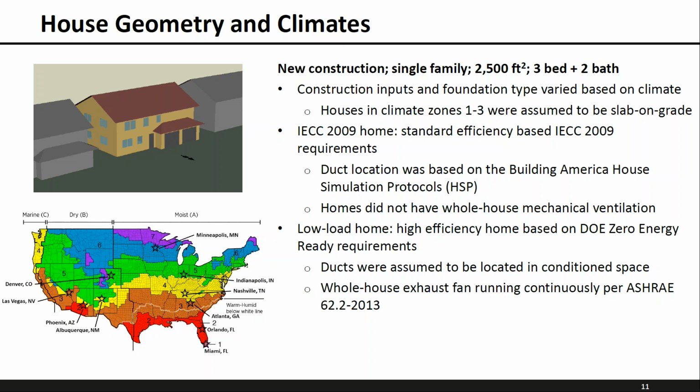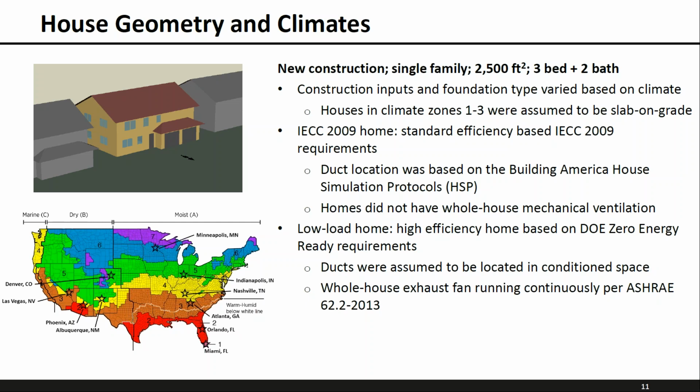We simulated 2 house types, one based on IECC 2009 construction, which we're calling the IECC 2009 home, and the other a low load home, which was a high efficiency home based on DOE Zero Energy Ready home requirements. On the next slide, I'm going to show what the construction inputs were for those 2 homes, but there were 2 major differences, I'd say, that should be pointed out here.